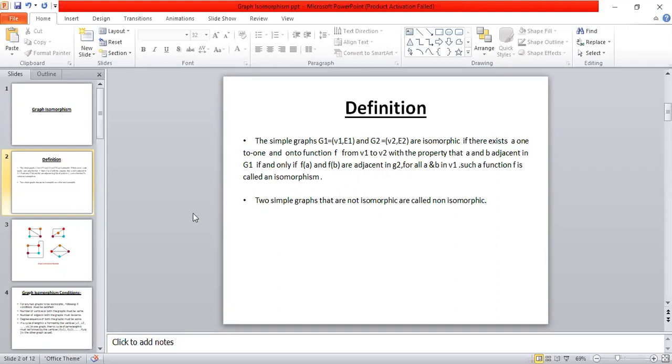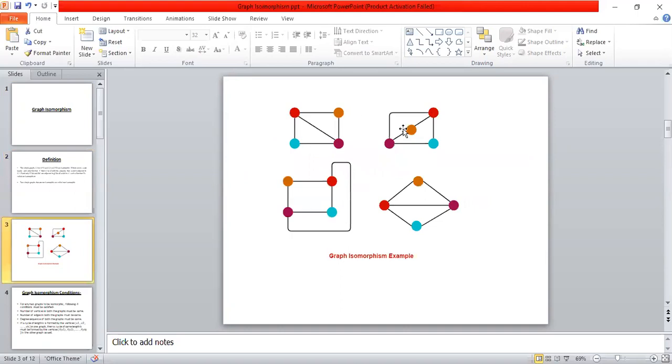Here we have examples of graph isomorphism. These two are isomorphic graphs and these two are also isomorphic. How can you say that? Speaking informally, structure-wise these two graphs may be different, but whatever adjacency the first graph has, the second graph also has.